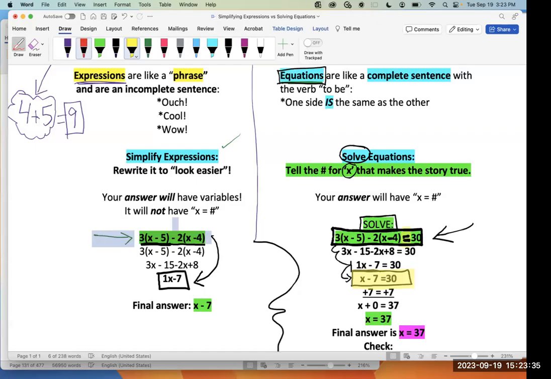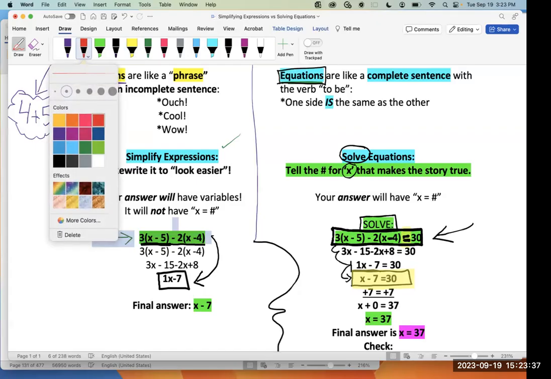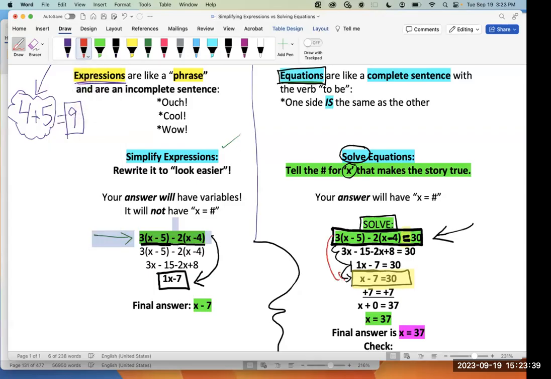So what we've done to solve the equation here, this first part of the process, is simplification. We're just simplifying the expression. Now, this part right here is where we're actually solving the equation.